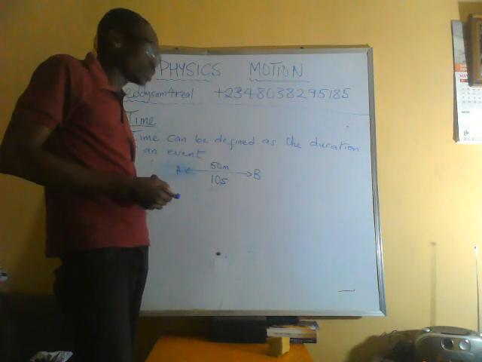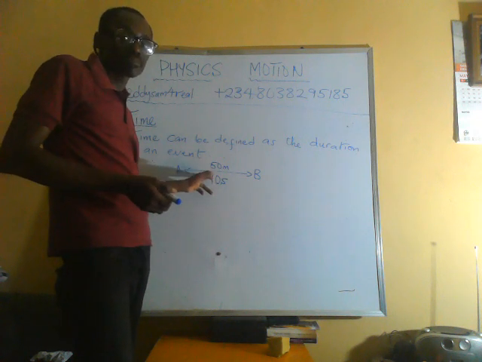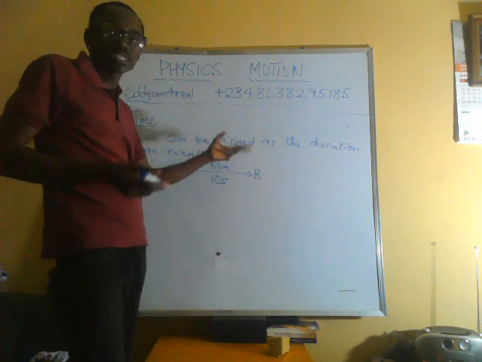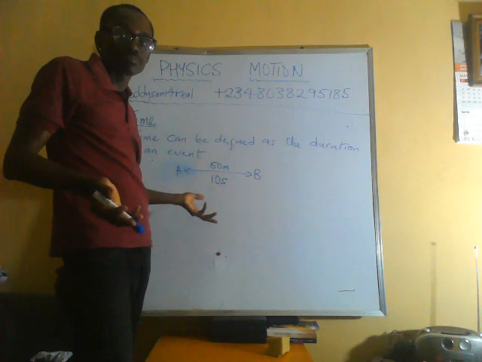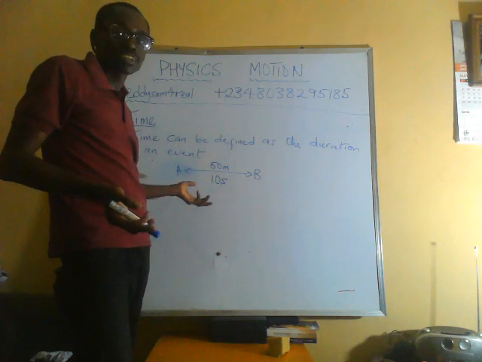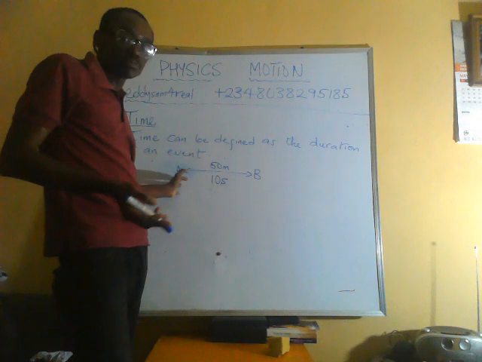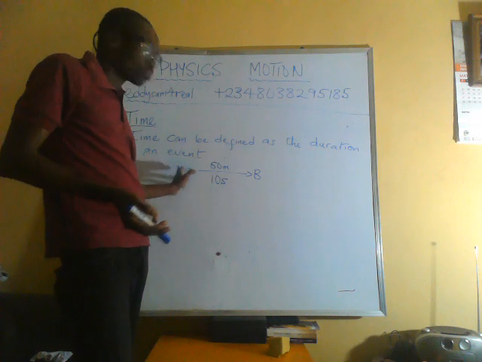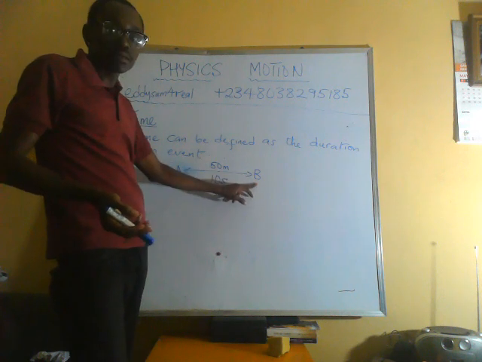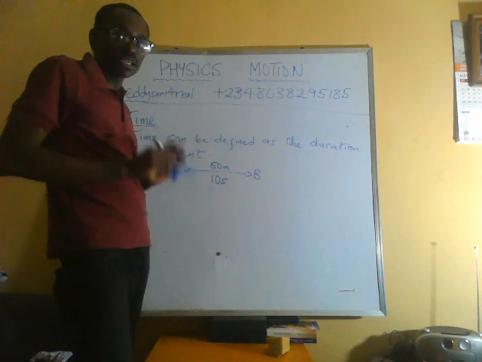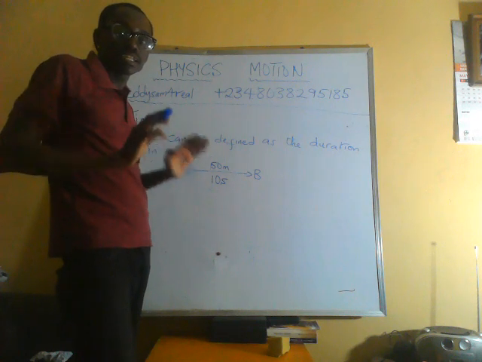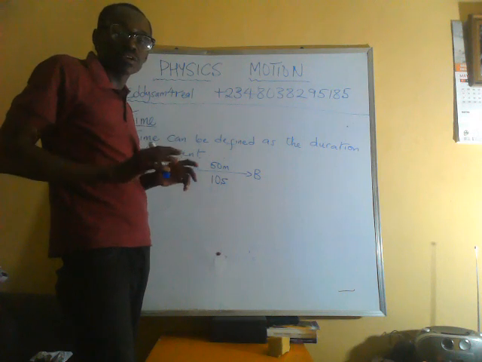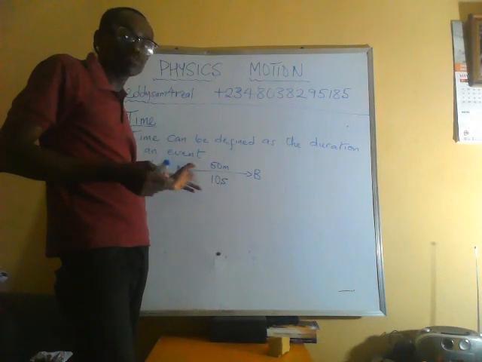Then the time taken for me to run from A to B is 10 seconds. So it takes me a total of 10 seconds to run from point A to point B.